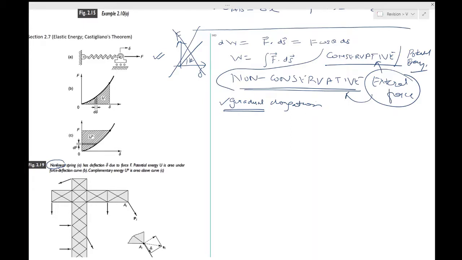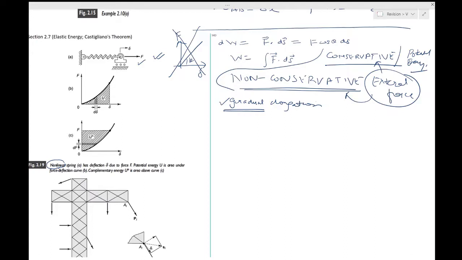Okay, so the external force over here is clearly F, and the elongation is denoted by the symbol delta. The potential energy U associated with an elongation delta is defined to be the work done by F in this process.